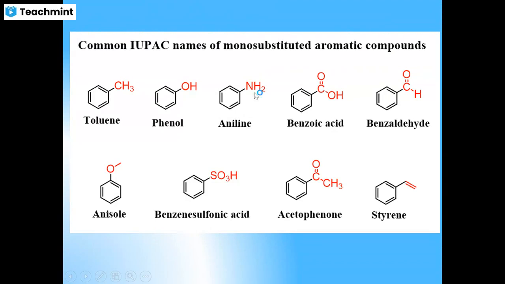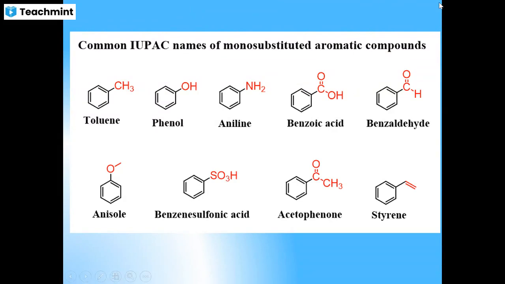In this case, this is phenylamine, and the common name is aniline. The next one is benzoic acid. A COOH group is present, so this is also a monosubstituted aromatic compound. Monosubstituted means only one substituent is present on a single carbon atom out of the 6 carbon atoms of benzene.